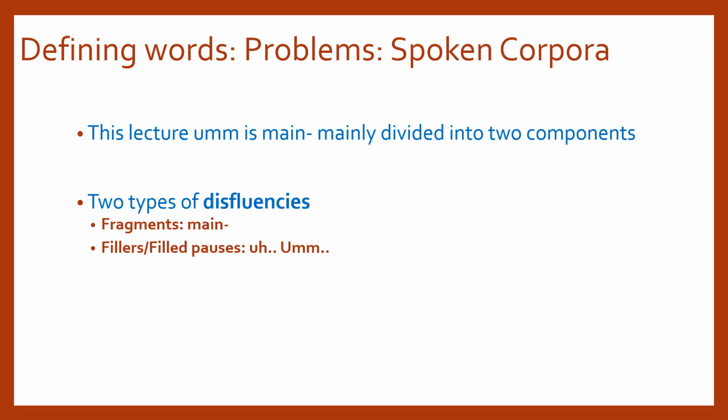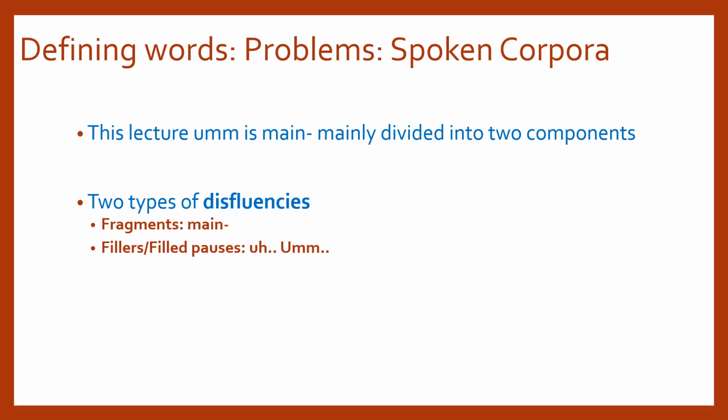Let's also briefly look at some issues you have to take care of when you are dealing with spoken corpora. In this sentence, you see that this lecture is mainly divided into two components.